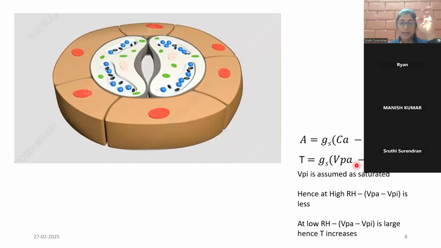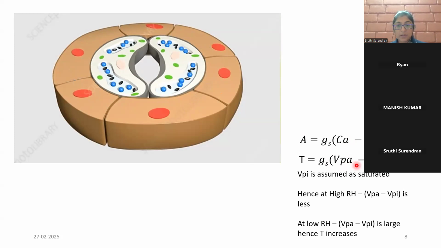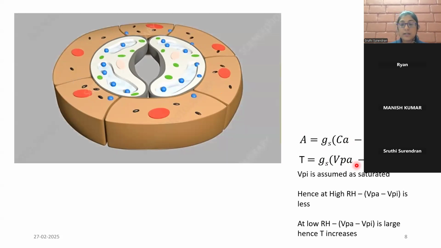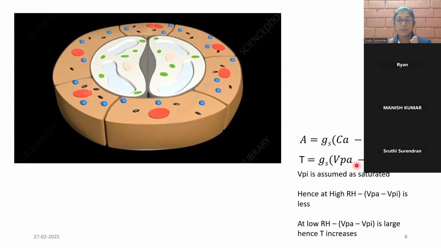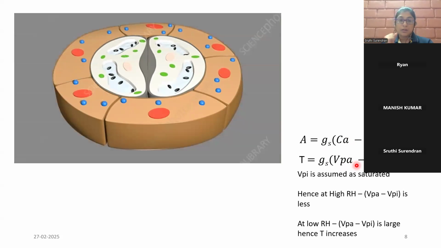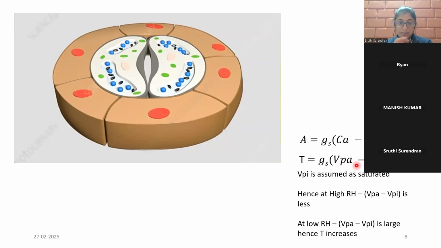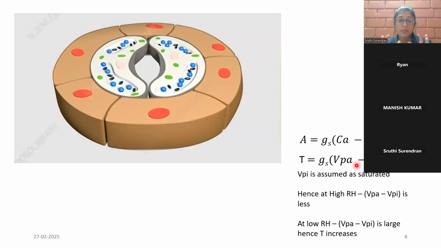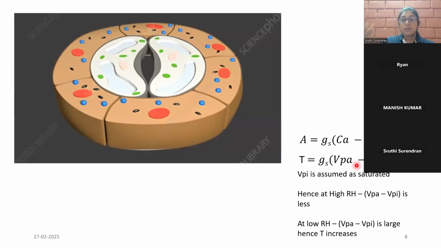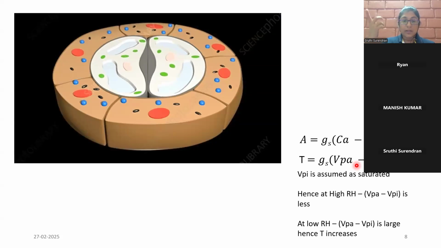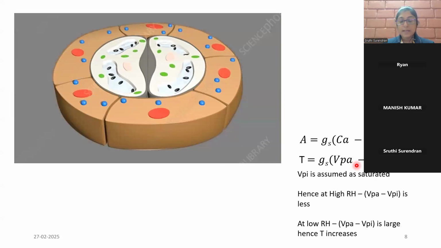And whenever we do estimations of vapor pressure deficit, the vapor pressure inside the leaf is always considered as saturated. So we assume that the water molecules are saturating the inside of the leaf, as a result of which the water tends to move out into the atmosphere where the vapor pressure will be less.